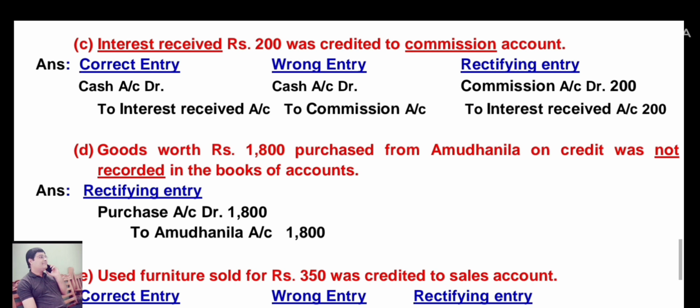Instead of interest received credited, he wrote commission on the credit side. So we have to rectify it. In the correct entry, "to interest received" is written, so we write first "to interest received" in the rectifying entry. Now commission, which is written wrongly on the credit side in the wrong entry, we have to write on the opposite side, that is the debit side. So rectifying entry: commission account debit to interest received account.